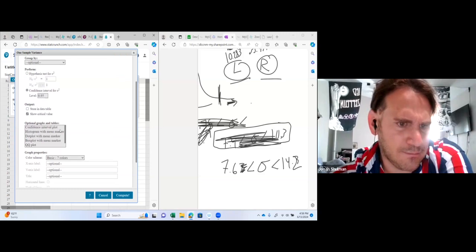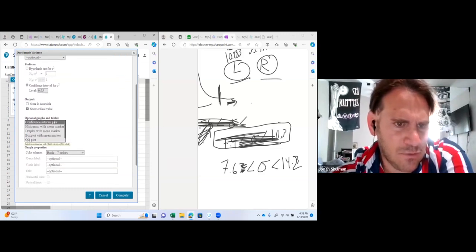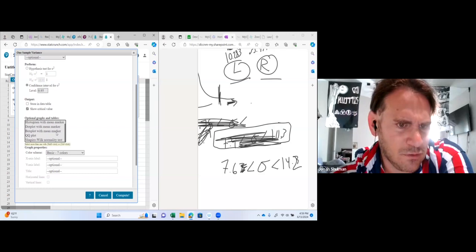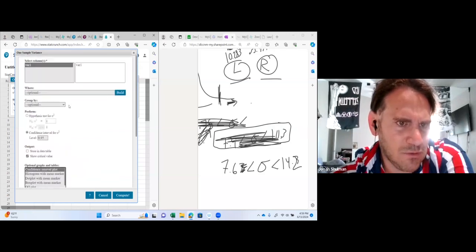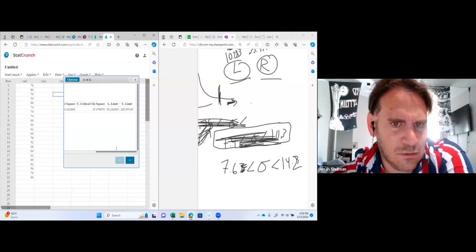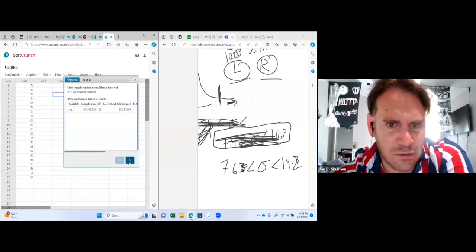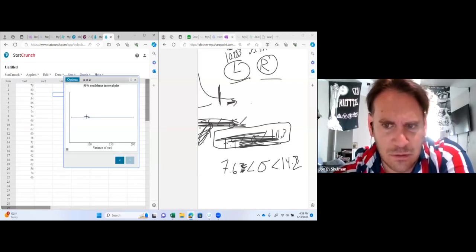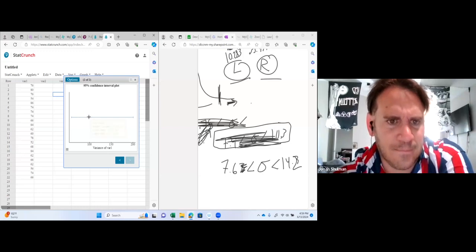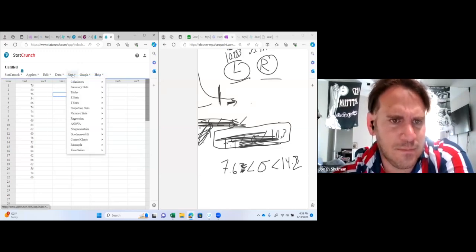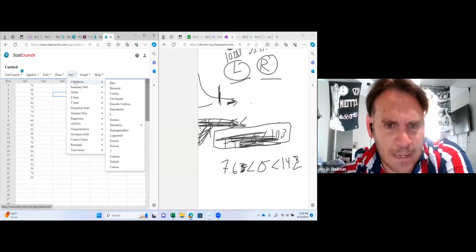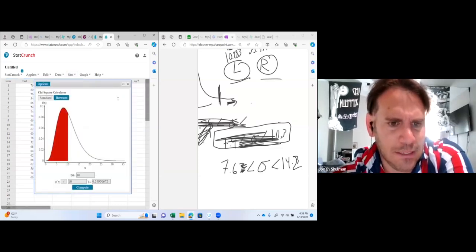What else we got? Confidence interval. Try the confidence interval. Anything else we can do? Oh, here it is. Chi-square. I like it.